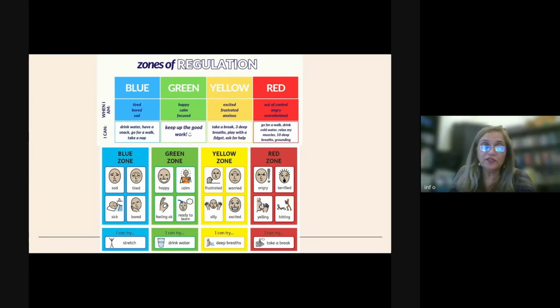Zones of regulation can actually be a whole hour or 2 hours of forum by itself. There is so much that you can do with zones of regulation. Some classrooms are running totally on this, so everything within the classroom is centered on these zones of regulation. Students are trained to understand which zone they are in.